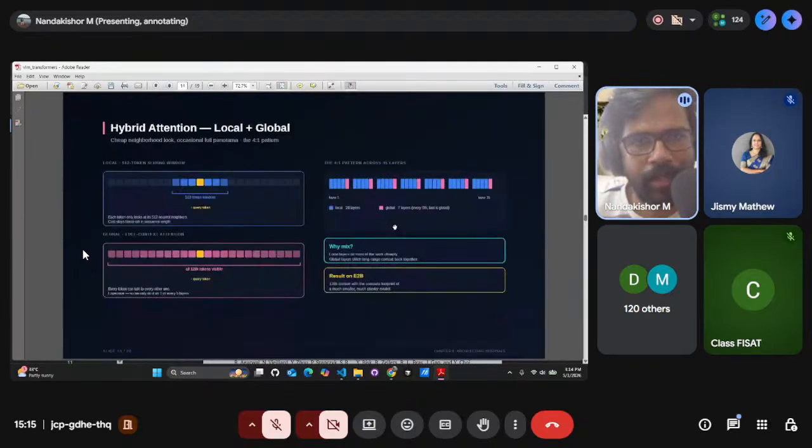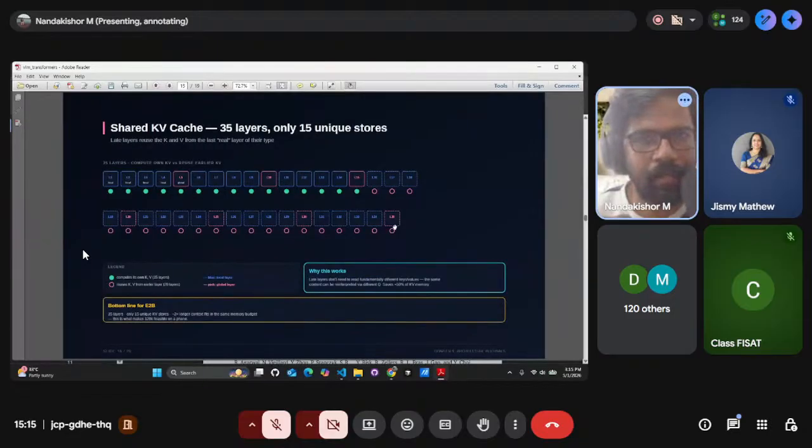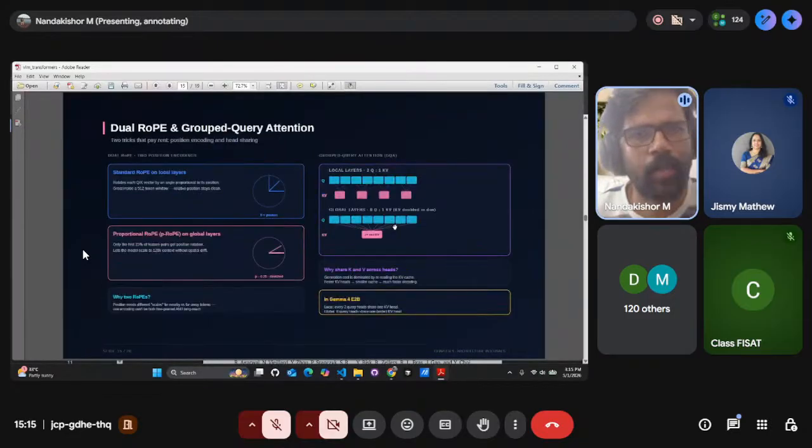The one thing is that we use what is called a hybrid attention mechanism. The other thing is the shared KV cache method. Then there is dual RoPE and grouped query attention. Okay, we need to discuss these ideas, which are very important when it comes to modern language models.